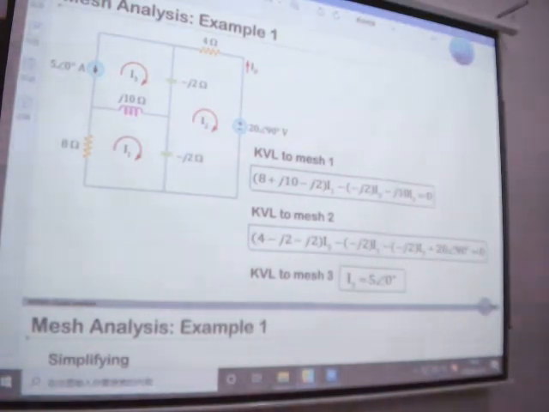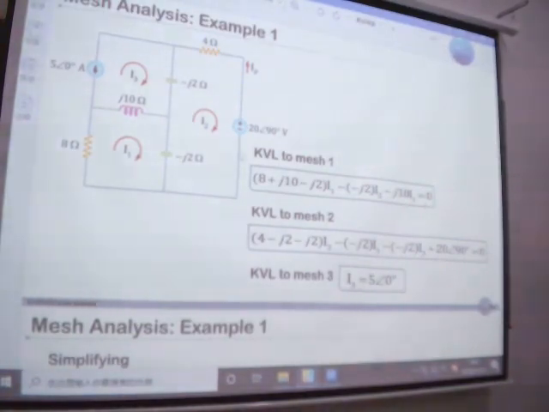Okay. Now we're going to see the mesh analysis of this example. We have mesh 1, mesh 2, and mesh 3. The traditional way, if we want to analyze mesh 1, we use sigma V equal to 0, right? For sigma V, it's I1 times 8, I1 times 10j, I1 times minus 2j equal to 0.